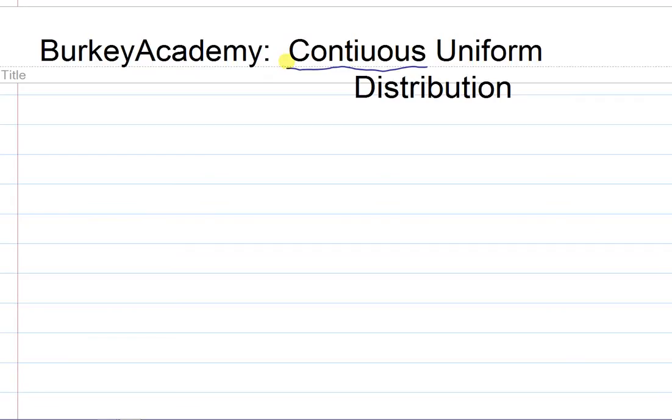That's contrasted with the idea of a discrete distribution. A discrete distribution is one where the outcomes are only certain values with gaps in between.